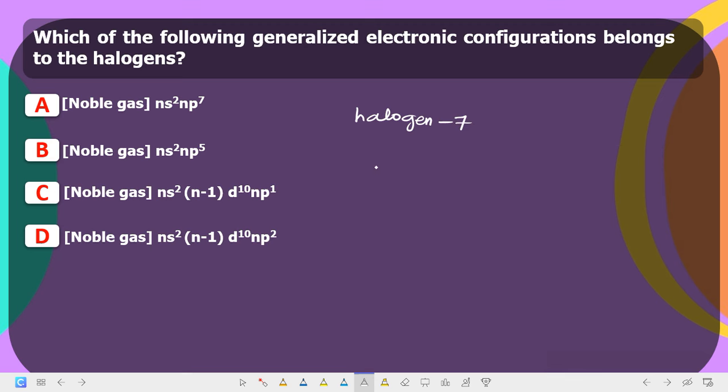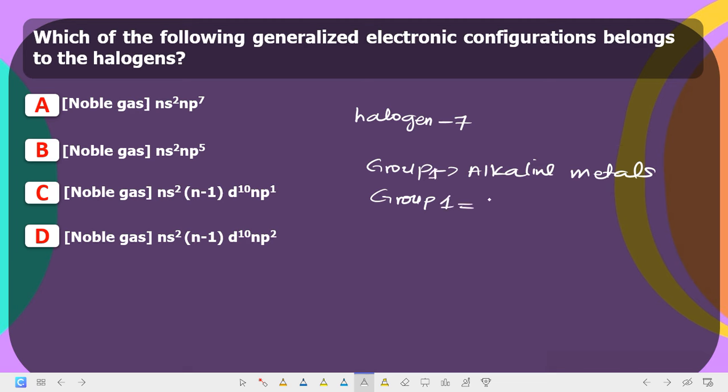Now, we have special group names in the periodic table. Group 1 are called the alkali metals.